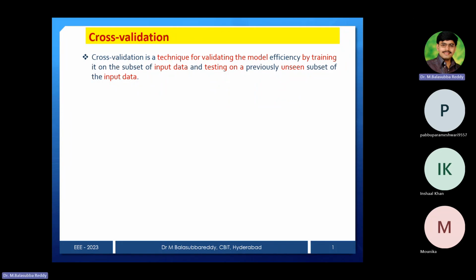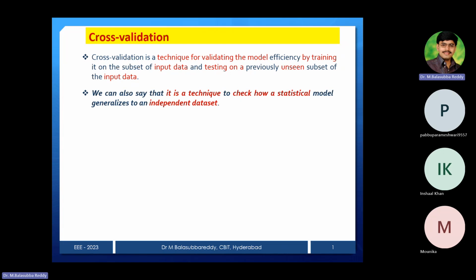So here, this is one of the approaches. The total data set, anyhow, we are dividing. In that, in the input data, we'll take one subset and then test on a previously unseen subset. So some portion we'll take out and that we are going to test. This is the technique to check how a statistical model generalizes to an independent data set.